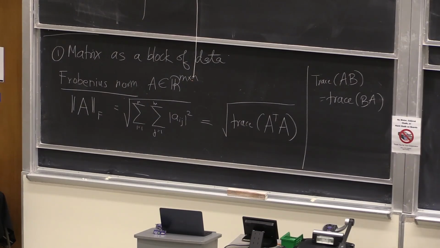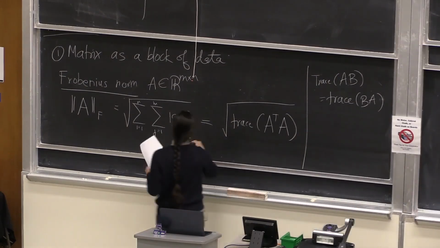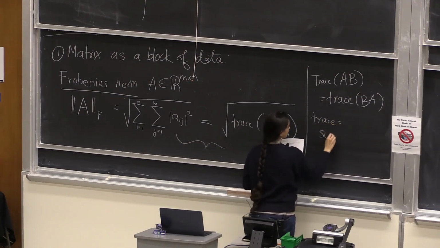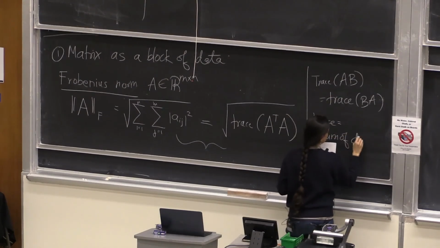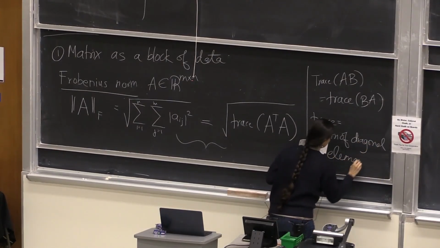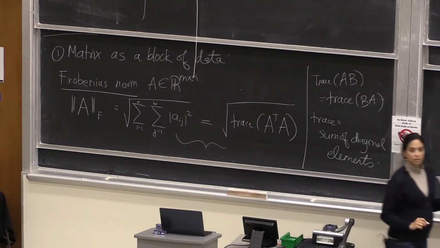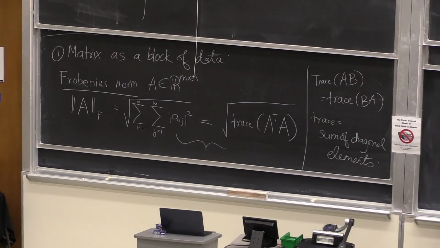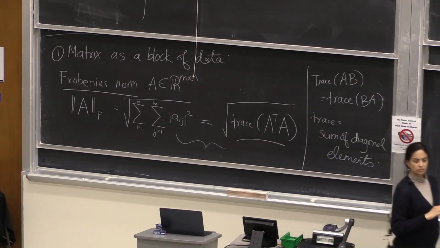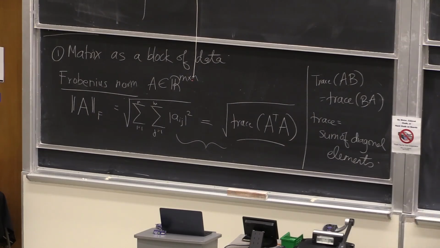How do you show that this is actually equal? Just a reminder, the trace is equal to the sum of the diagonal entries. So how can I compute this quantity?